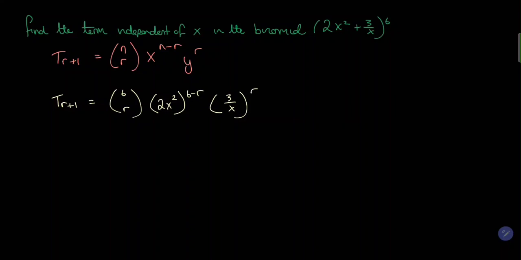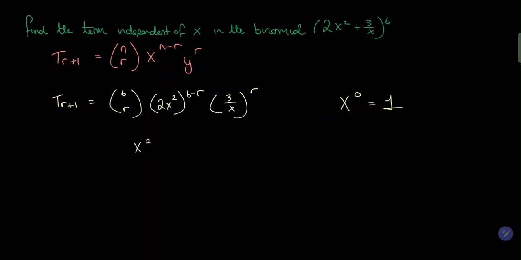Now, we're just interested in the x part, because it's the term that's independent of x. So there was no x there at all. So x to the power of 0, if you remember, is 1. So I'm trying to figure out what term is going to give us an x to the power of 0. So I'm just going to extract the powers there.